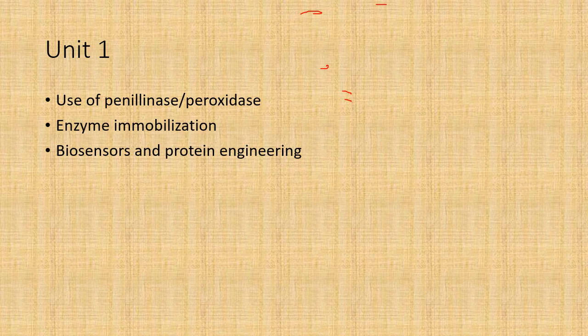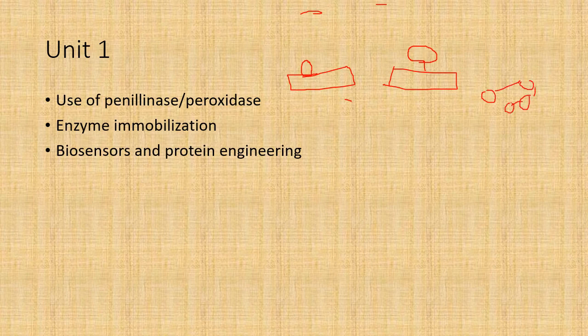Now if you try to represent it in a diagrammatic way, simply remember, suppose this is a surface, if the substance is getting adsorbed, this is adsorption. If it's getting bound through a covalent bond, that is a strong bond, it is covalent bonding. If it's cross-linking, then these materials are cross-linked to each other in a definite web format. If it's microencapsulation, this is a microcapsule, and within that you have your enzyme encapsulated.